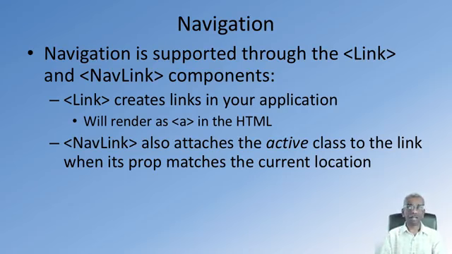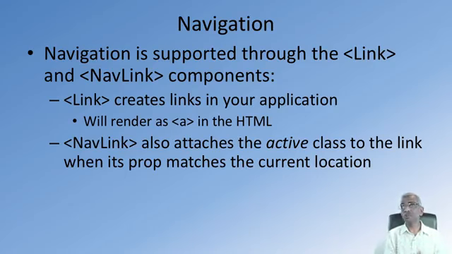A nav link, when we use that in our application, will also add an active CSS class to the particular link that you specify whenever the prop matches that particular link that is specified. So that way, when you want to identify which particular quote-unquote page you are in the navigation bar, then the nav link enables us to do that.